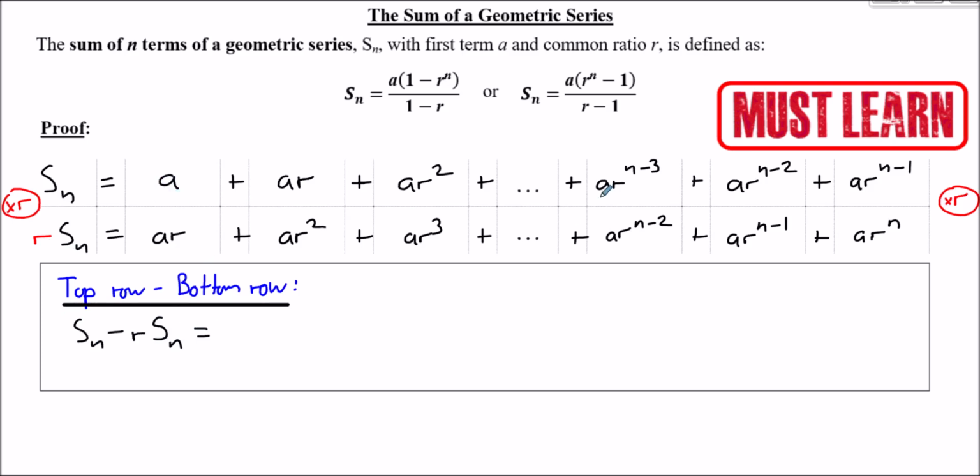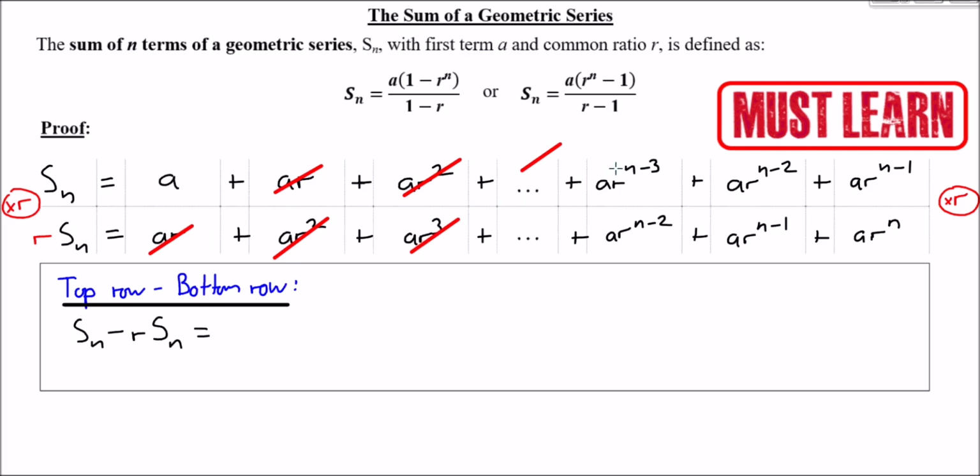And here, with these terms, we'll have lots and lots of cancelling. So, for example, ar minus that ar will cancel. ar squared minus this ar squared will cancel. And so on and so on. ar cubed will cancel with one along here. So it's going to cancel diagonally.